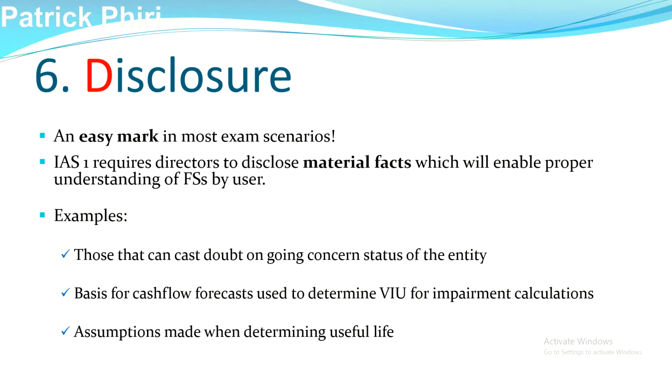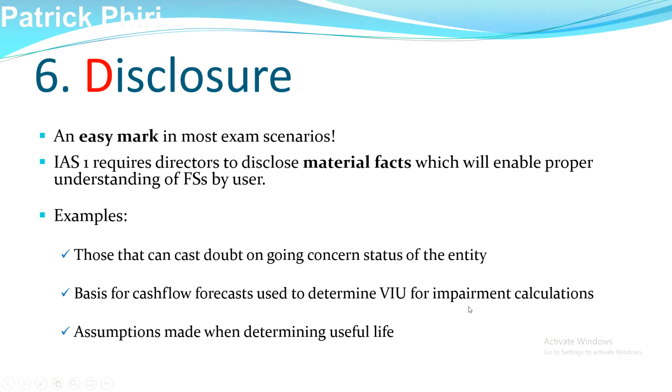That fact must be disclosed. Okay, and you have to state that in your answer. Disclosure of the, for example, when you're dealing with IAS 37, a material fact, this could lead to possible doubt on going concern status. You could be dealing with a question on impairment on IAS 36.